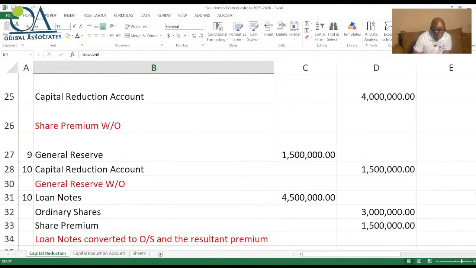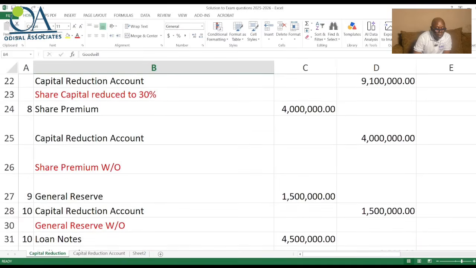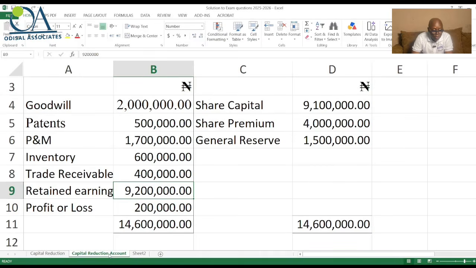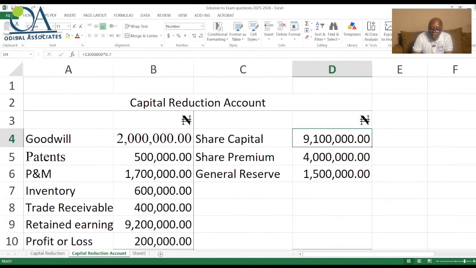Look at it. The share capital. Share capital was debited, capital reduction account was credited. So we come to capital reduction account to credit it. That's it. And then share premium also. The same treatment goes to it.